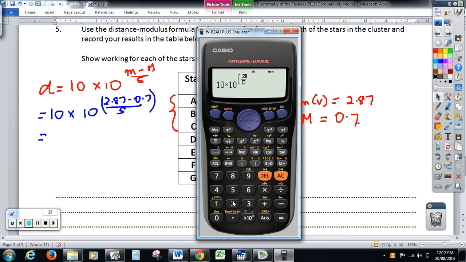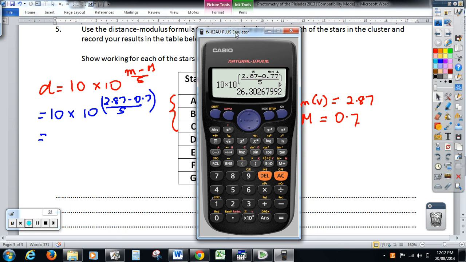That's 2.87 minus 0.7. Okay, and on the bottom is a 5, and close that bracket, and we say equals, so it's 26 parsecs.